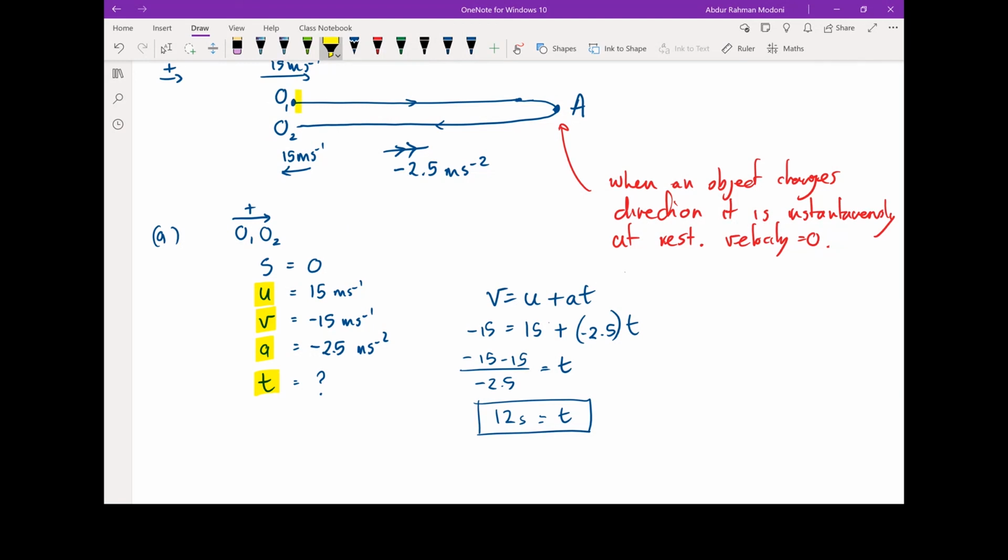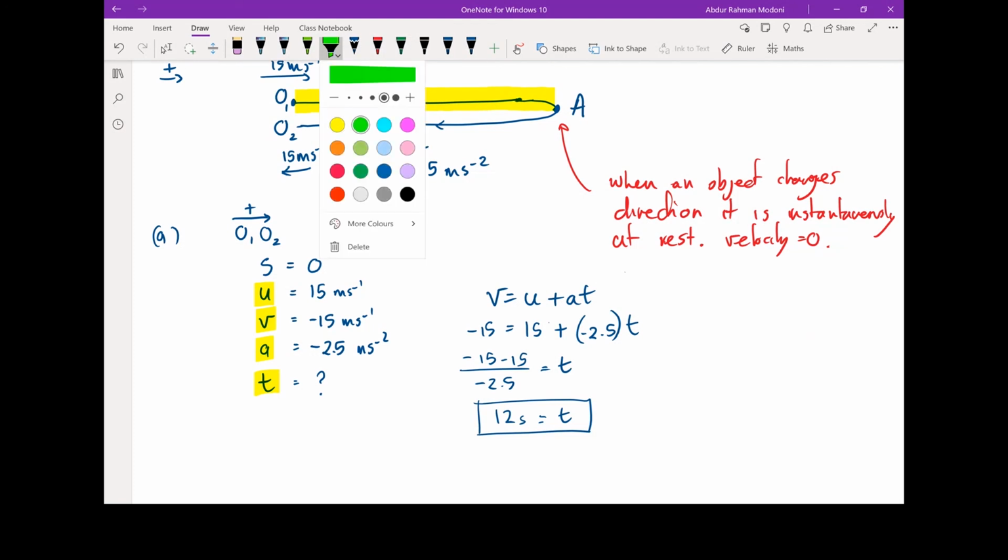So if you look at starting from O, as we travel right here, the displacement and distance are the same thing until this point when the object starts changing direction. From this point onwards, the displacement and distance are 2 different things.